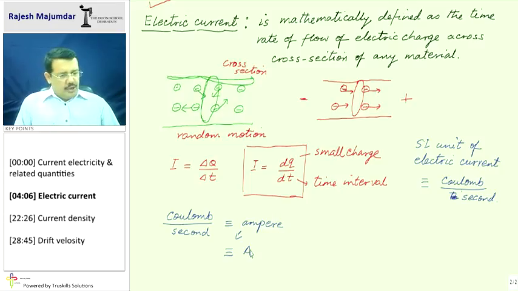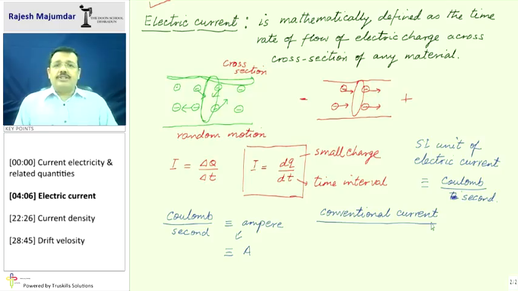Now, there are two types of electric current which are usually talked about, and that is conventional current. What is conventional current? Conventional current means the direction of the flow of the current, but it is just opposite to the flow of electrons.